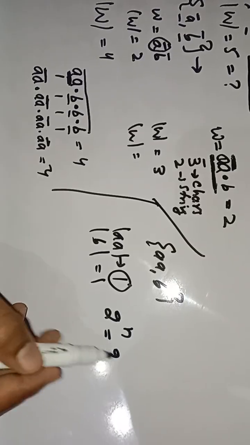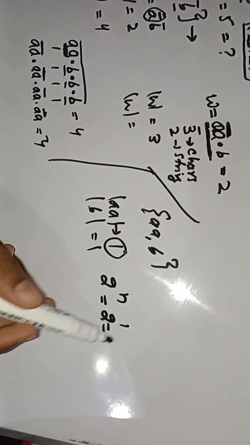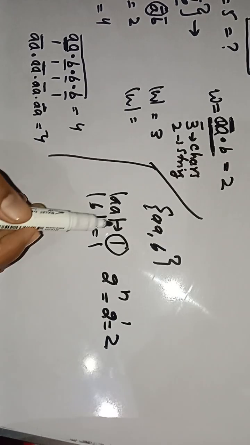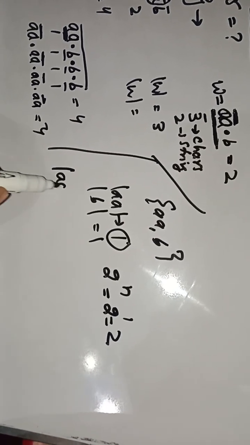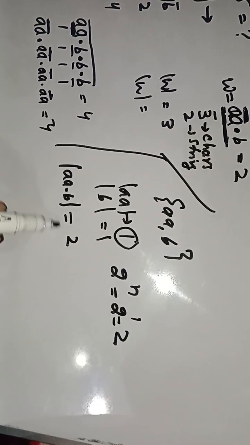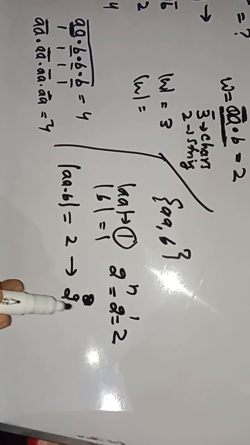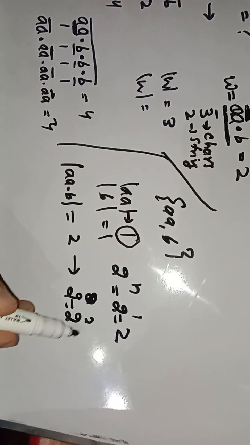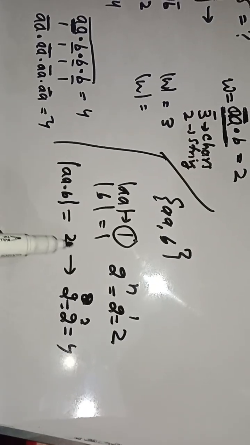So it would be 2 power 1, which equals 2. The number of words formed with length 1 is 2. If we consider length 2, then a concatenated with b has length 2, so the number of words would be 2 power 2, which equals 4. Again, 4 words would be formed with length 2.